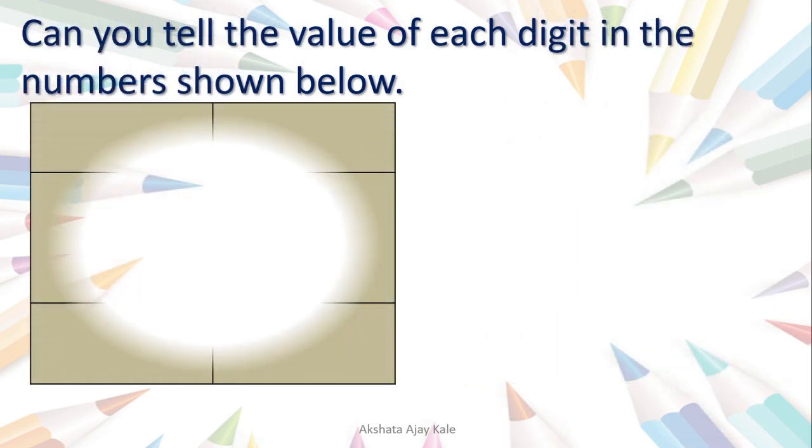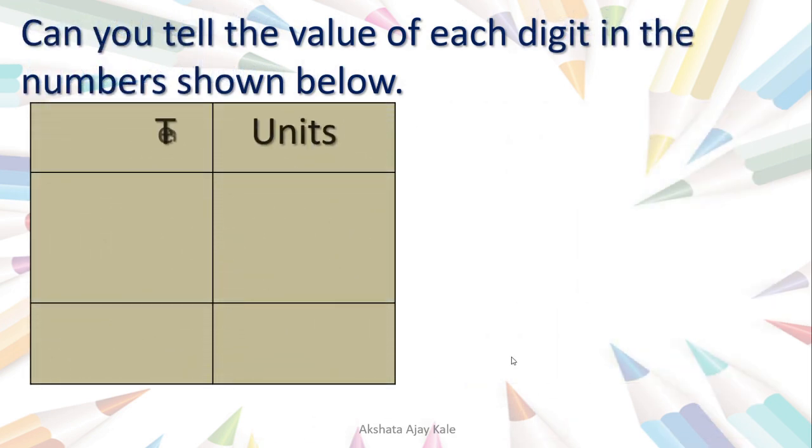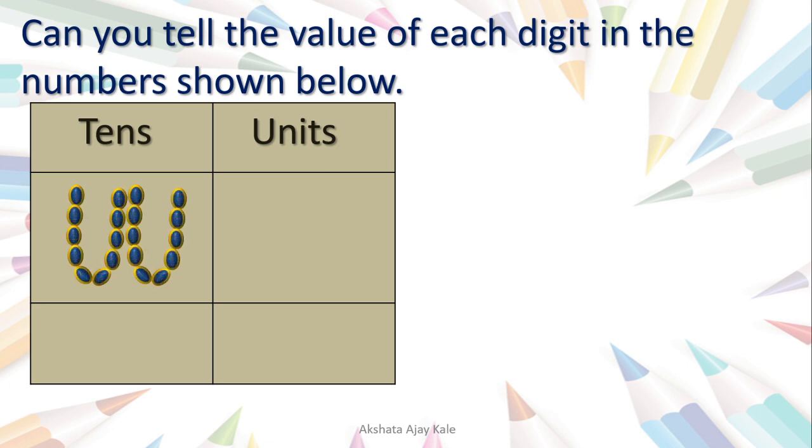Next, here you can see units, tens. Okay, here we can see the string of beads and some single beads. Okay, now we will count this. How many strings are there? 2. And how many units are there? 7.